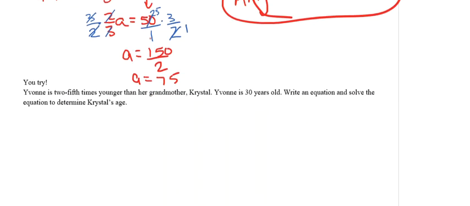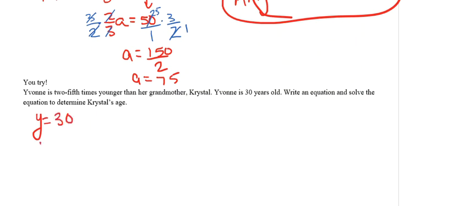How about you try this one by yourself? Pause the video. All right, welcome back. Let's see if you get the same as I do. So Yvonne is 2/5 times younger than her grandmother Crystal. Yvonne is 30 years old. Write an equation and solve the equation to determine Crystal's age. So we know that Yvonne is 30.